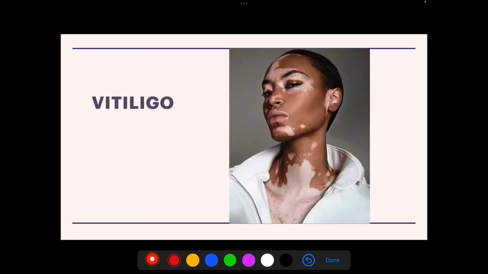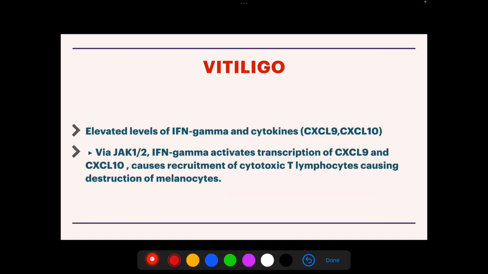Now, first of all, use of JAK inhibitors in vitiligo. In vitiligo, there are elevated levels of interferon gamma and cytokines like CXCL9 and CXCL10. How do JAK inhibitors work in vitiligo?